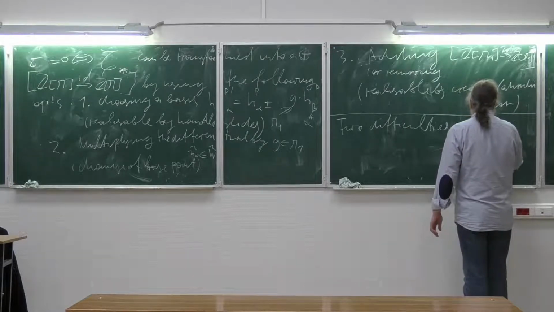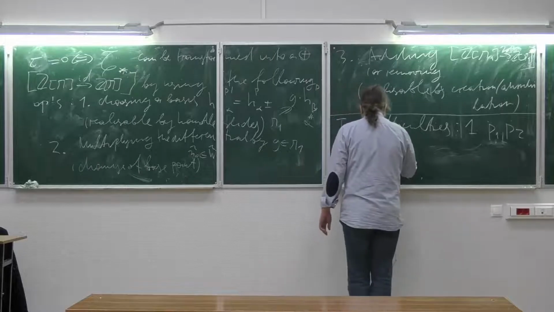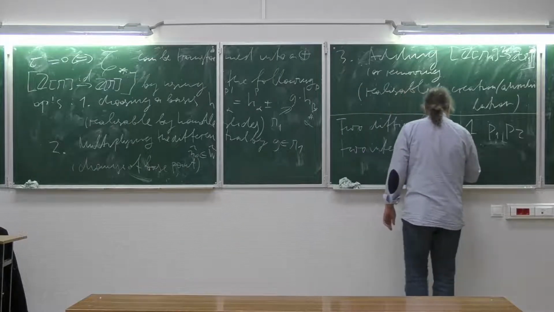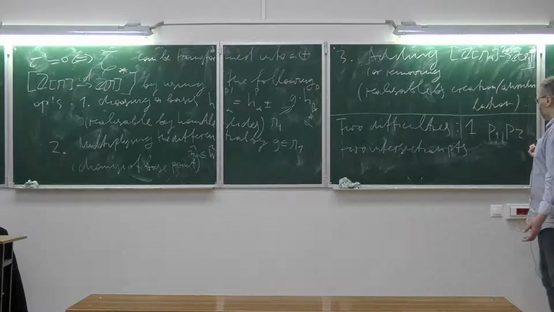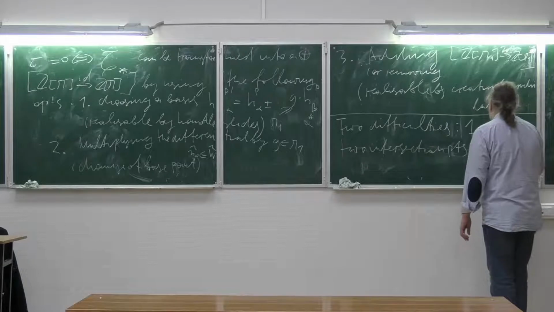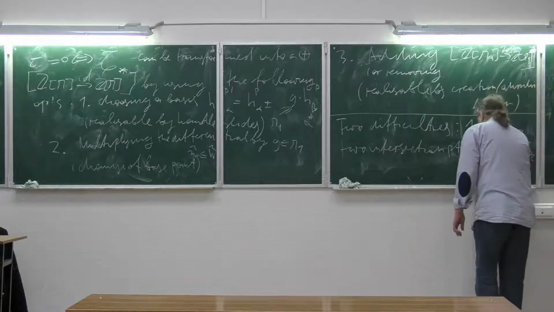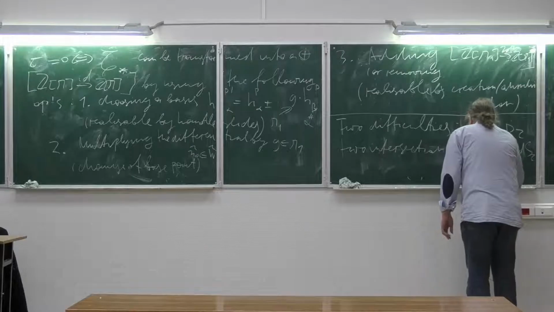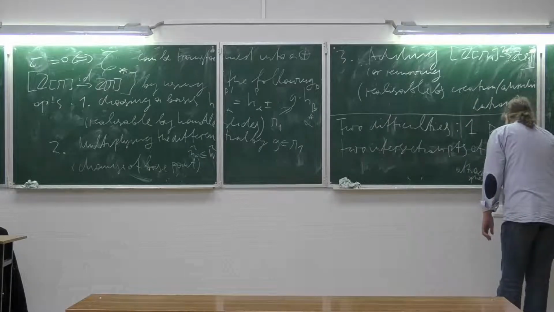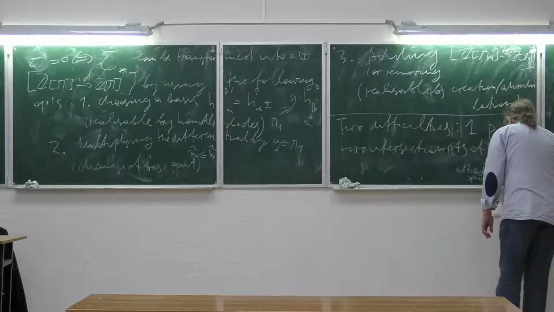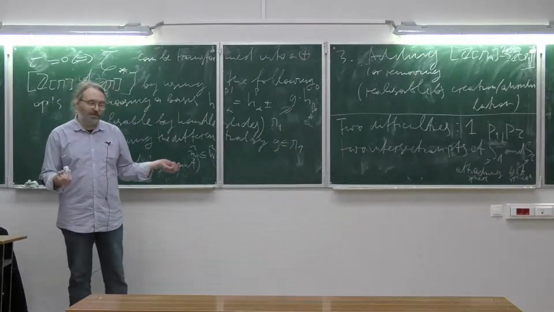So difficulty number one. Suppose we have two intersection points of the attaching sphere of some handle and the belt sphere of some other handle.